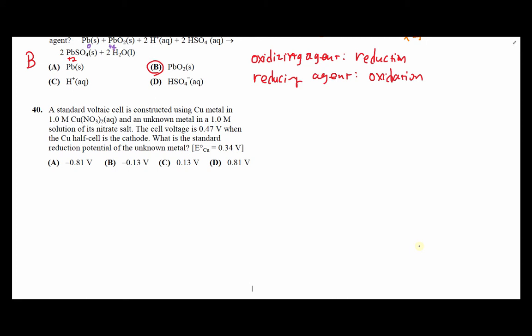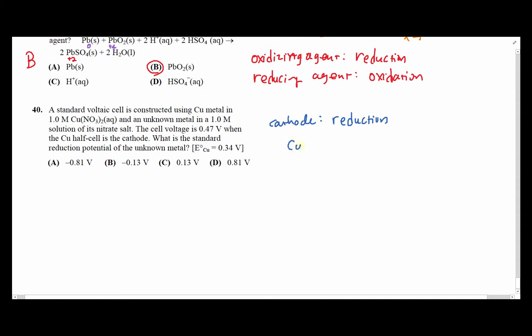Okay, let's write the equation and identify what's the reduction. Actually, you do know the reduction happens in the cathode. So when you have the cathode, this is the place where reduction happens. Then we have only one choice for the copper half reaction.